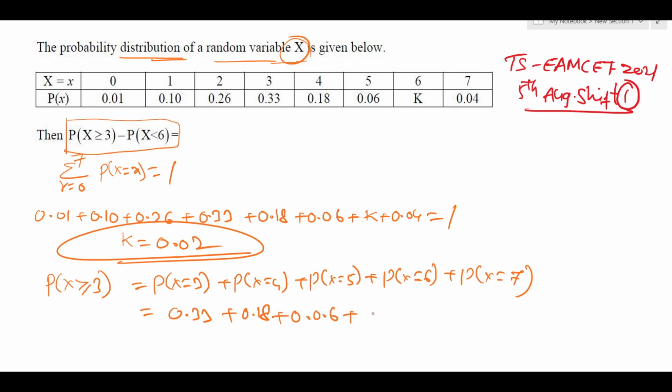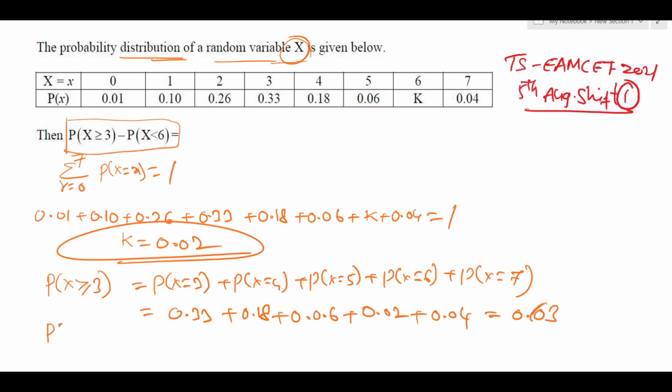X is equal to 6, the k value is 0.02, x is equal to 7, 0.04. Adding up the total value, we calculate this as 0.63.